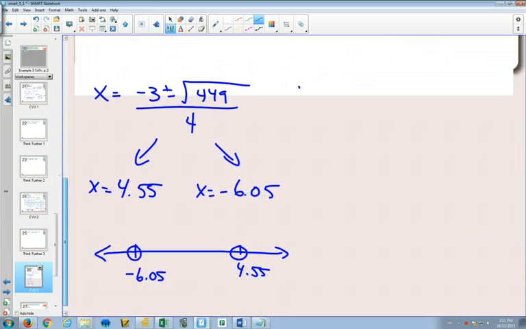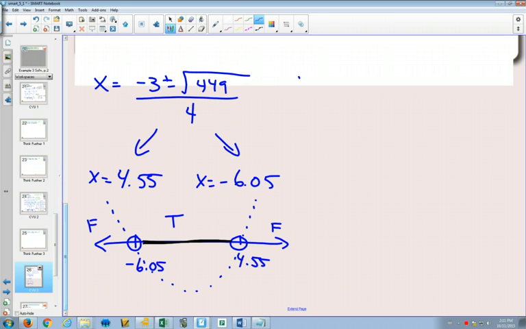So if we imagine our graph of our parabola looking like this, we want to find out where it was less than 0. So this would be the section that's true, right in between here, and these sections here would be false. So we could say that our solution is between negative 6.05 and 4.55.